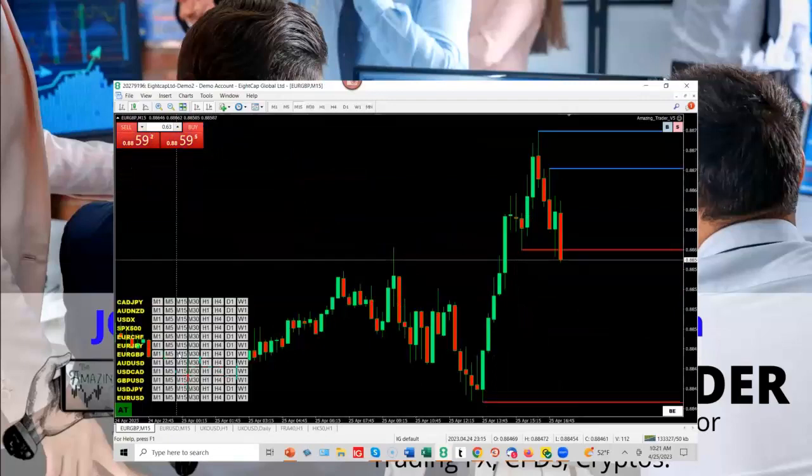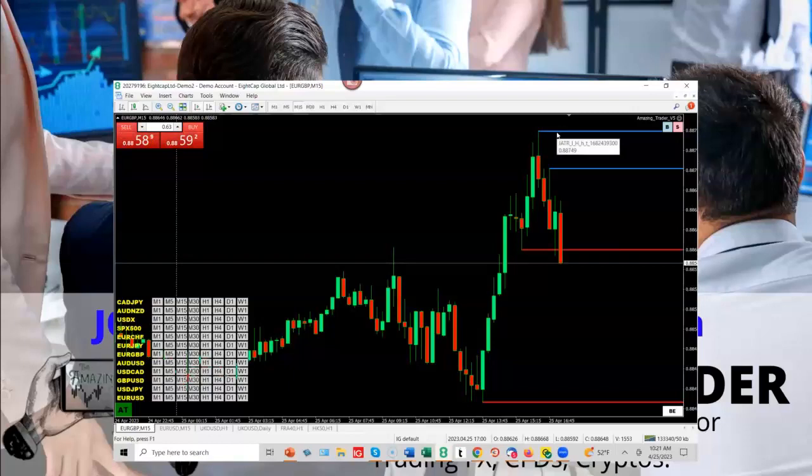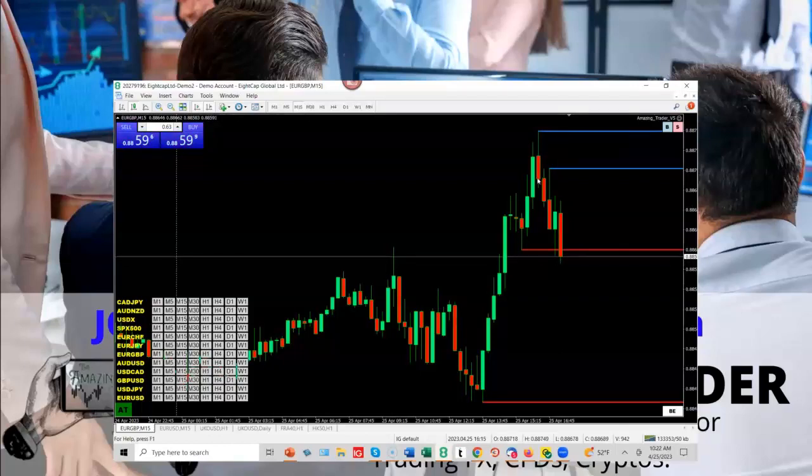Here's euro sterling. It's topping out over here. We do have a directional indicator. So that might look tempting over here.